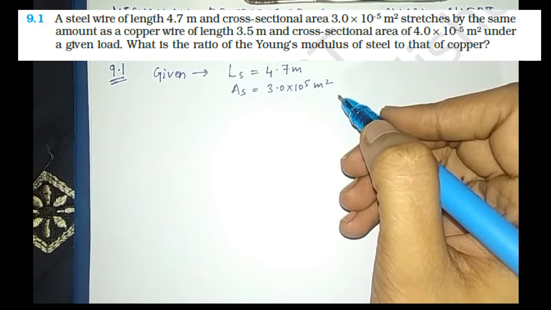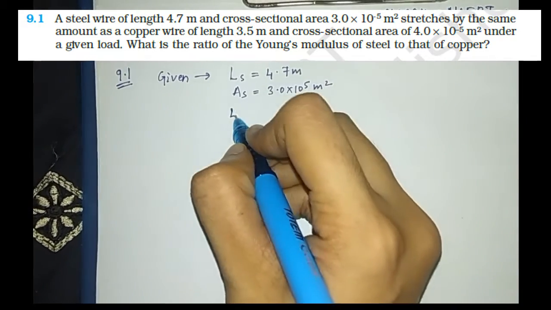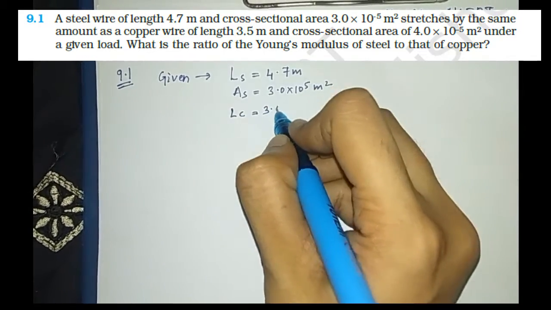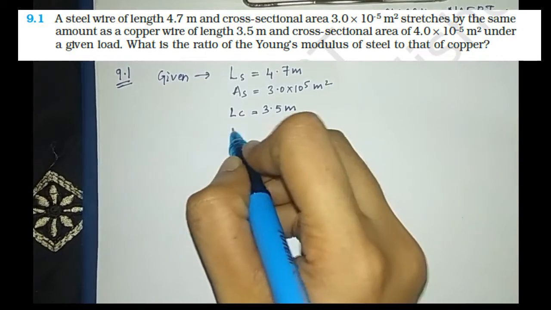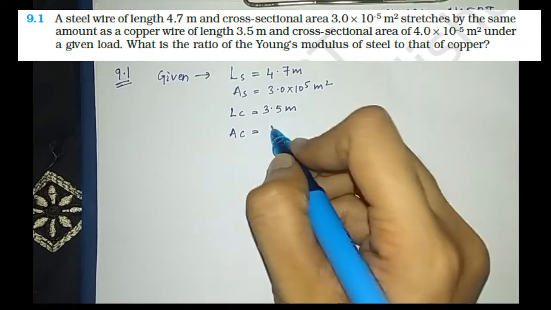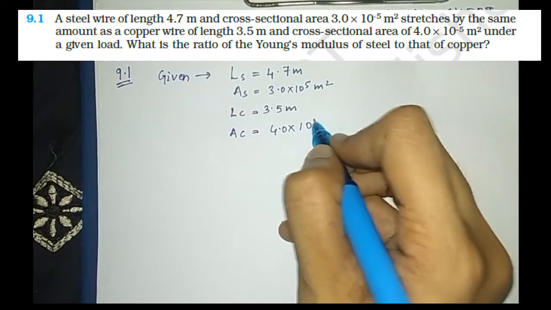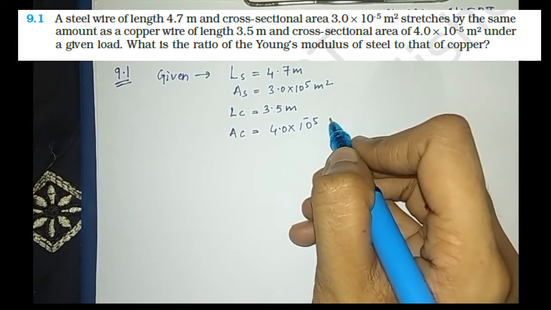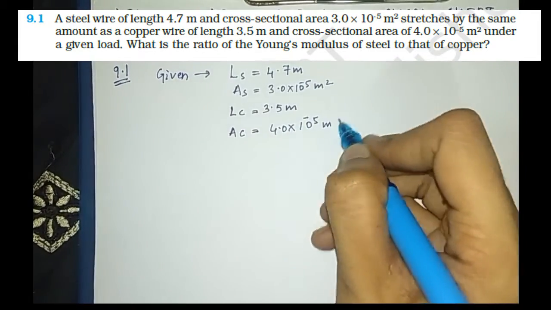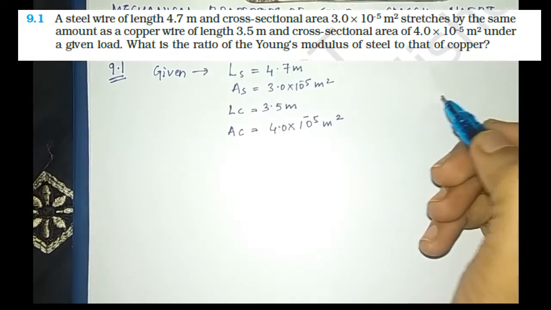Next, the copper wire length is given. So LC is 3.5 meter. And the cross-sectional area of copper wire is 4.0 into 10 raised to minus 5 meter square, under a given load.